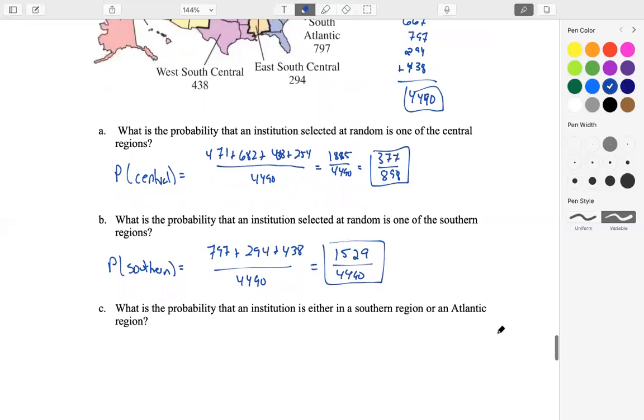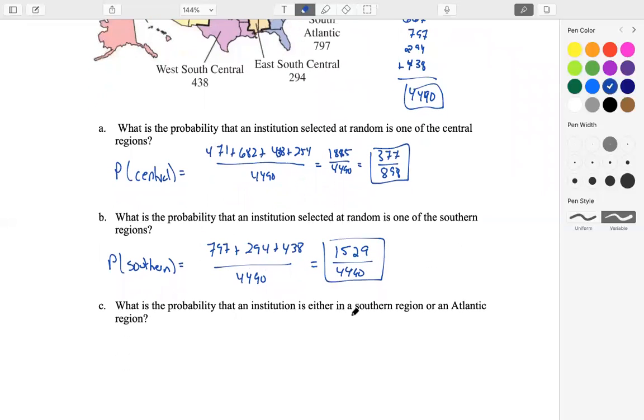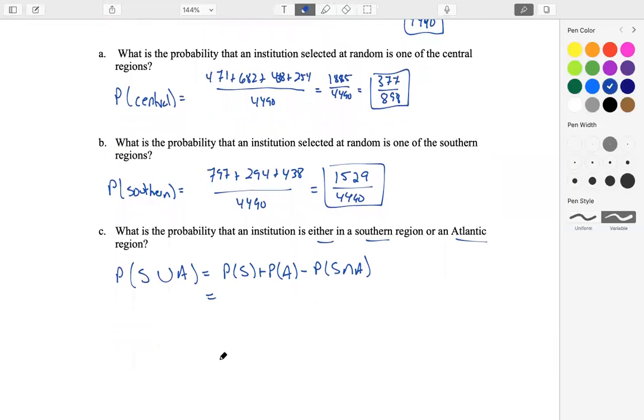And then last but not least, C, what is the probability the institution is either Southern or Atlantic? All right, so the probability that we want Southern or Atlantic is going to equal the probability of Southern plus the probability of Atlantic, but there are some states that are both Southern and Atlantic. All right, so Southern states.